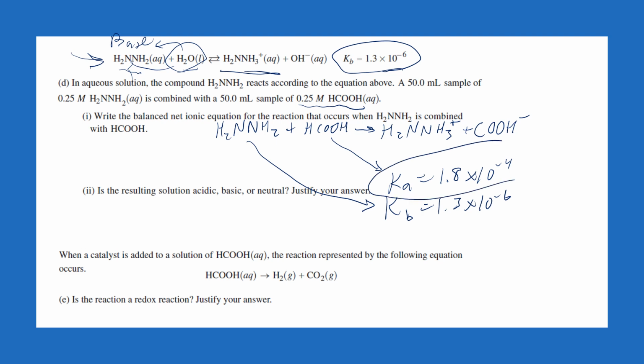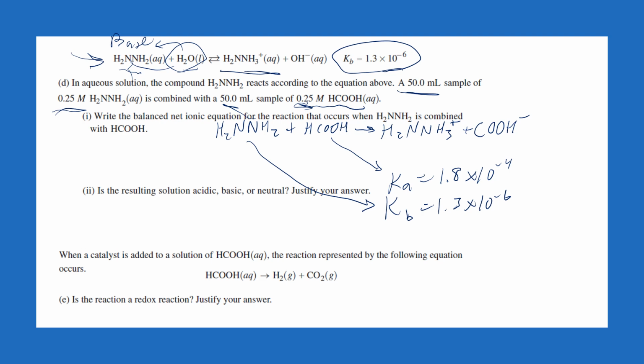This acid is stronger than the base. However, we're reacting a 50 milliliter sample of the 0.25 molar with a 50 milliliter sample of 0.25 molar. You have equal amounts of both of those things, so they will completely react.